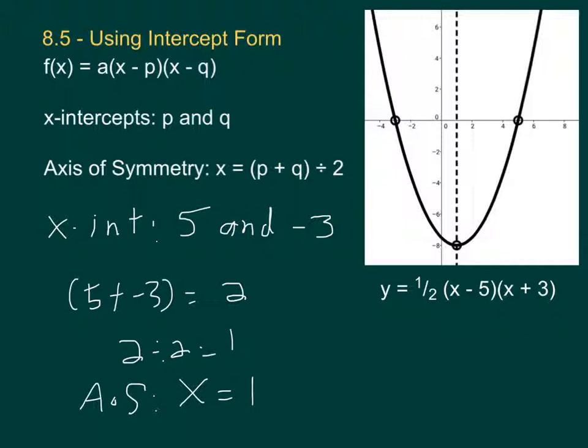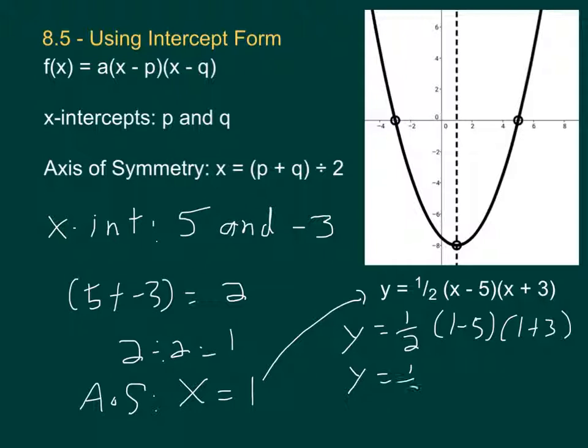Once I figure out the axis of symmetry as x equals 1, I then plug 1 into my equation to figure out the y value at the vertex. So I'm going to have y equals 1/2 times 1 minus 5 times 1 plus 3. And as I go through this, I'm just going to make sure I keep track of negatives and positives.